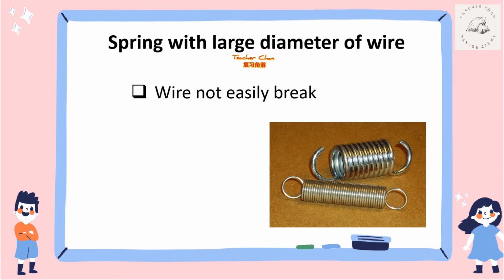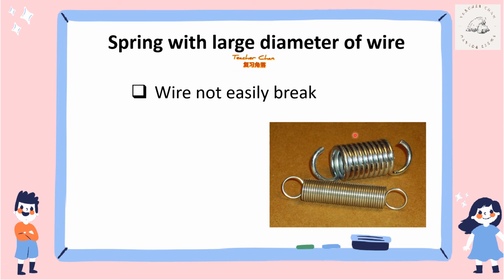Spring with large diameter of wire. Students, look at these two pictures. Do you see that you got two different diameters of wire? So which one is the large diameter of wire? Yeah, it's the first spring.